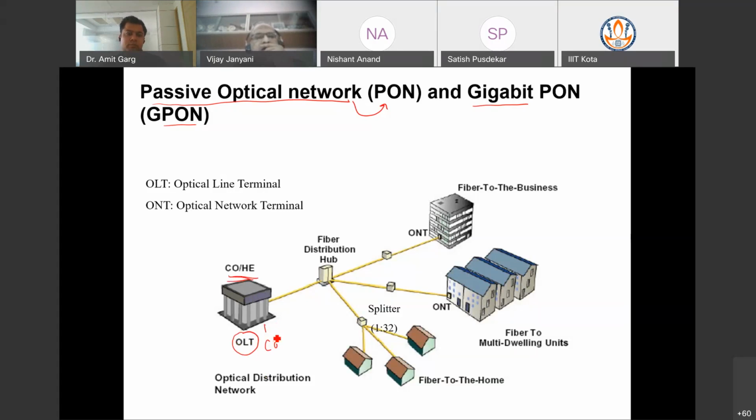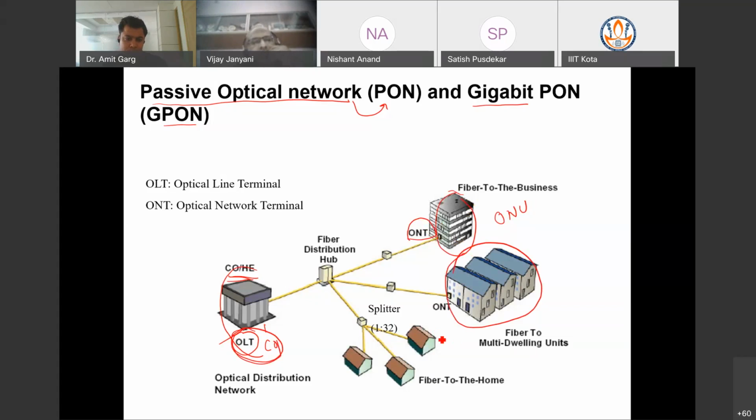That is connected here at OLT. These are ONTs, that is optical networking terminal, or sometimes also called ONU, optical networking unit. These are basically the customers, the premises, fiber to the home.